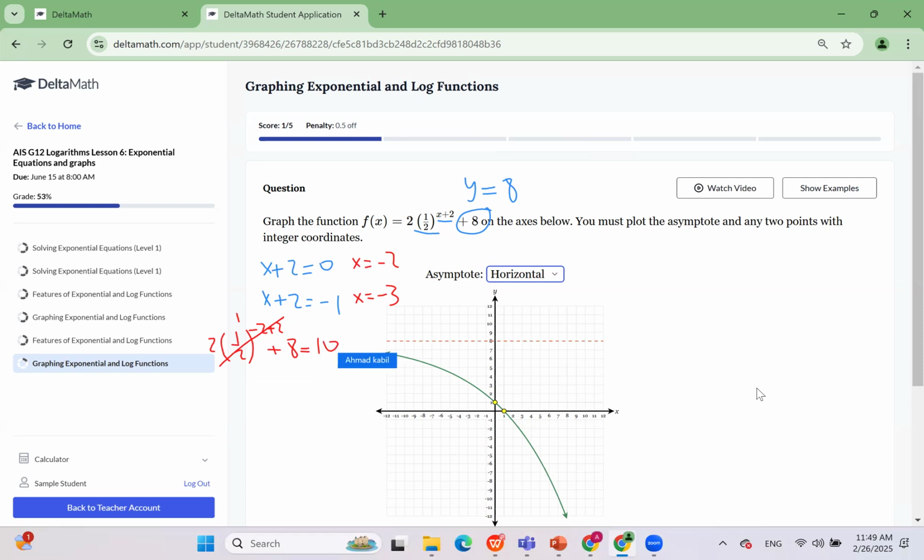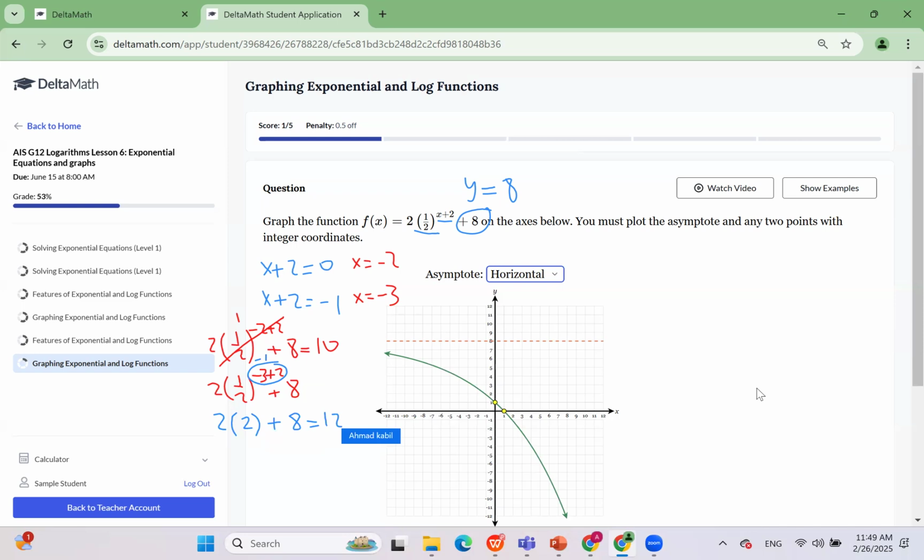And then let's try with the negative 3. So 2 times half power negative 3 plus 2, plus 8. Now this becomes negative 1. So this becomes 2 times half power negative 1, which is just 2 again, plus 8. And this gives us 12.